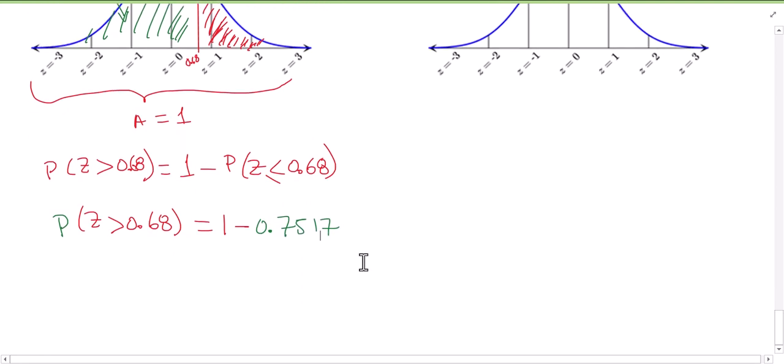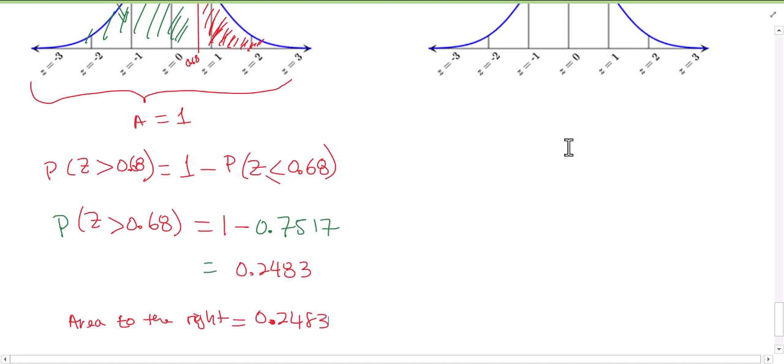And so do that on your calculator and see what you get. I got 0.2483. So that will be then the area to the right, 0.2483. In terms of probability, this will be a 24.83% chance of getting a value over there on the right.